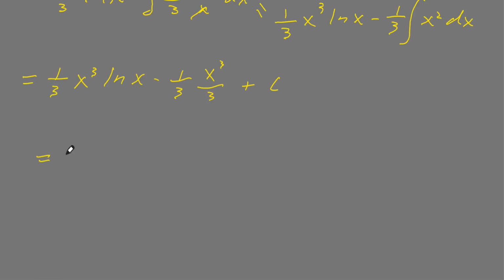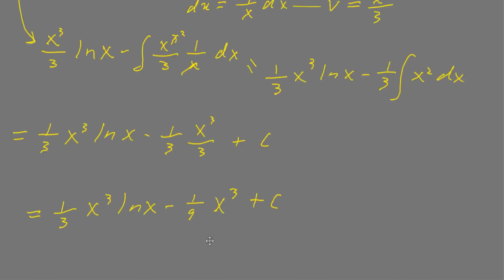And I'll just simplify this a little bit. You have 1/3 x cubed ln of x, and I'll just multiply these two 3's together to get 9, so I'll have minus 1/9 x cubed plus c.